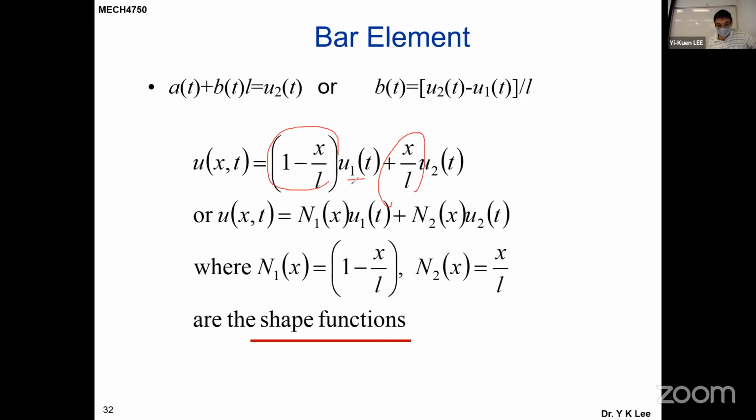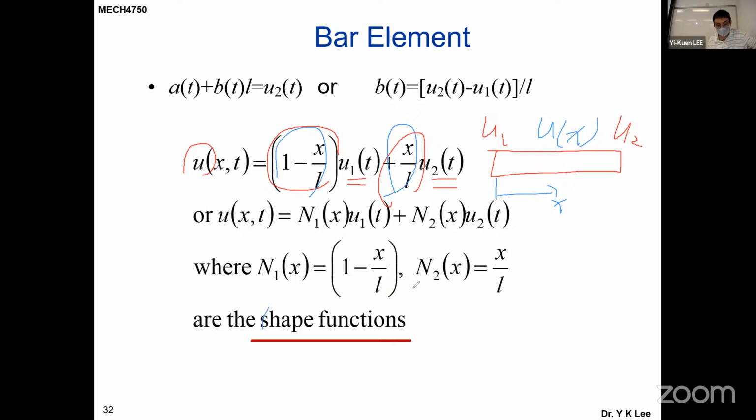That means if we get two nodal variables, any displacement inside the bar is basically U1 and U2. So the displacement at a certain location x here is basically a linear combination of U1 and U2, based on the shape functions.